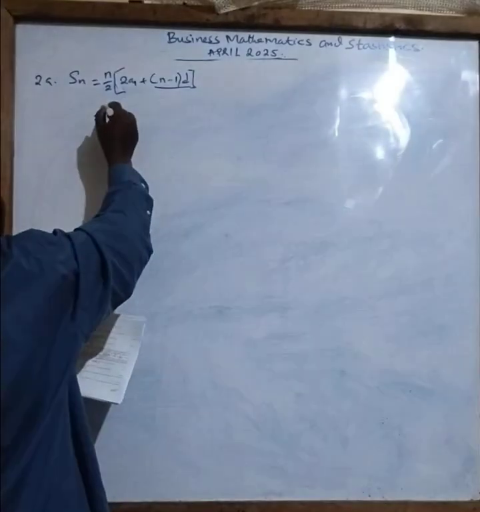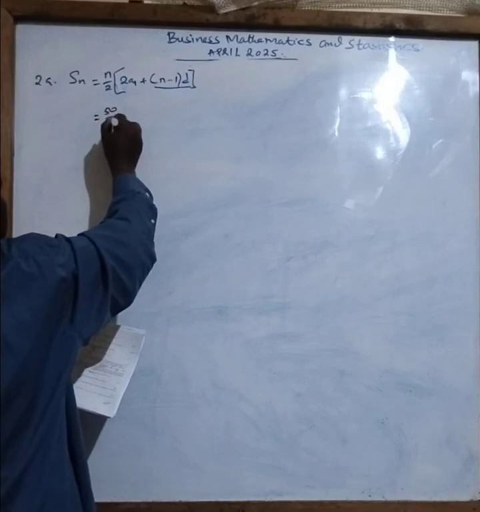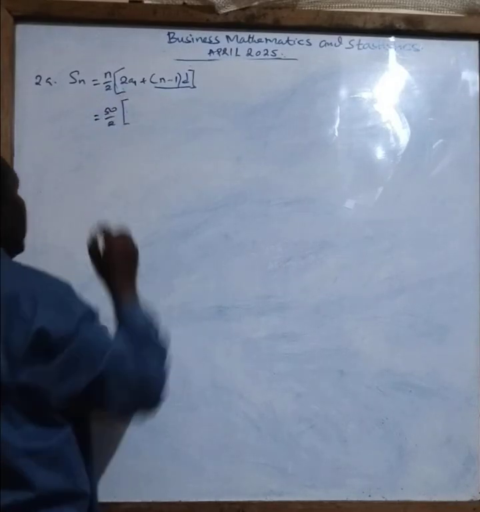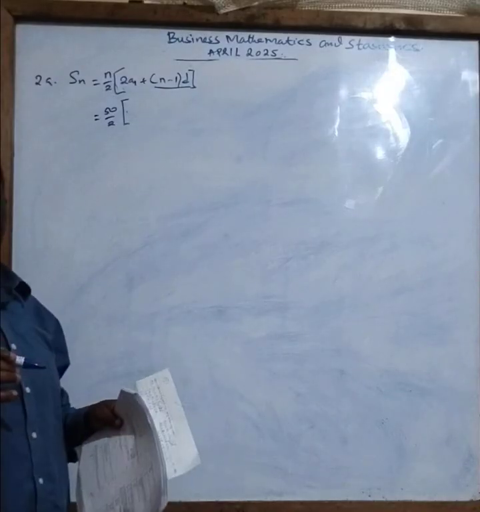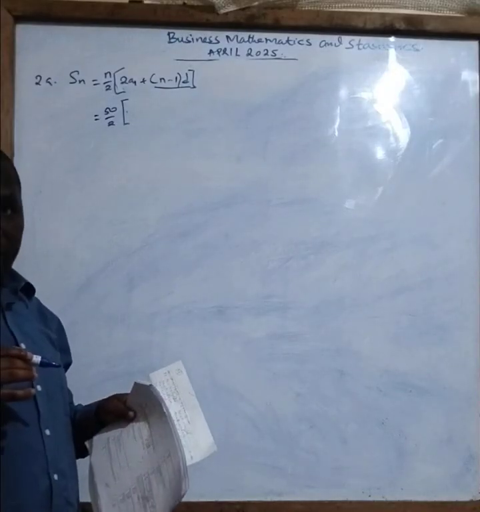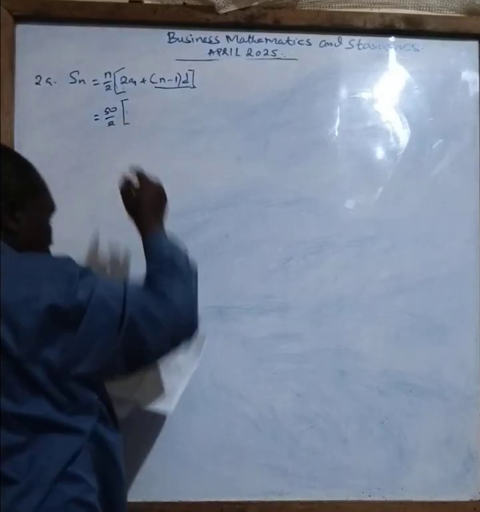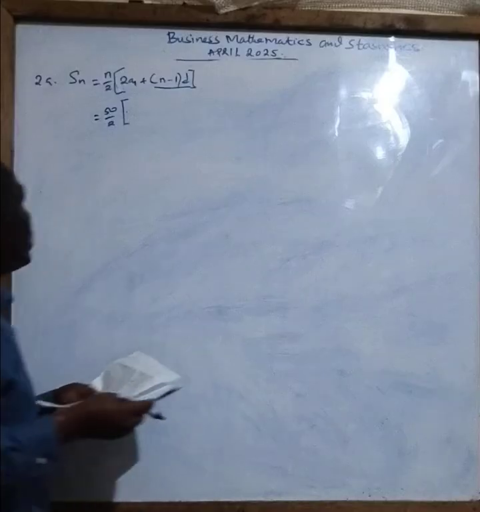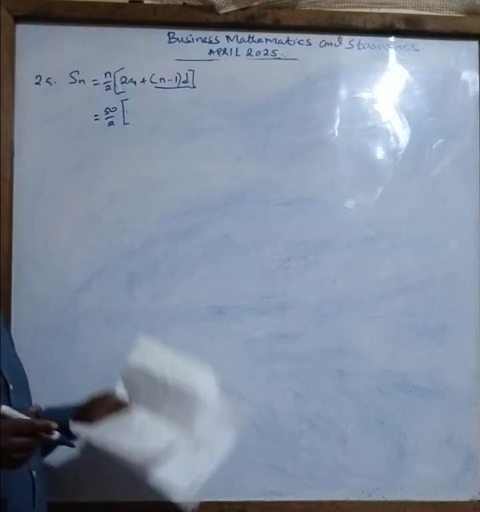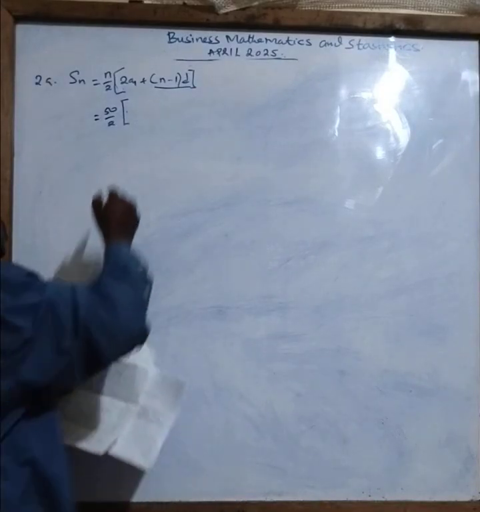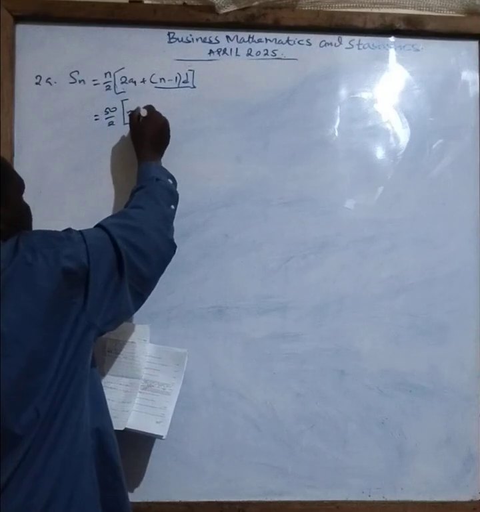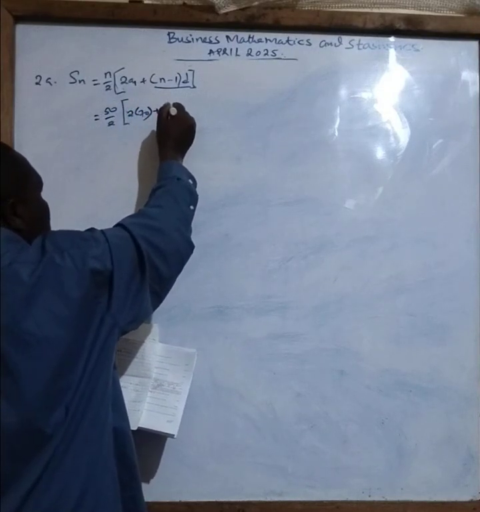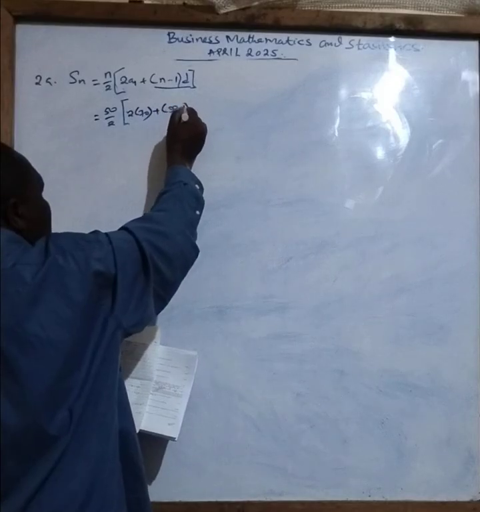So where there is n, you put 50, divided by 2 into 2a. Remember, we have already found a. Sorry, a is not negative but positive 70. So it will be 2 times 70 plus n, in this case 50 minus 1, then d.